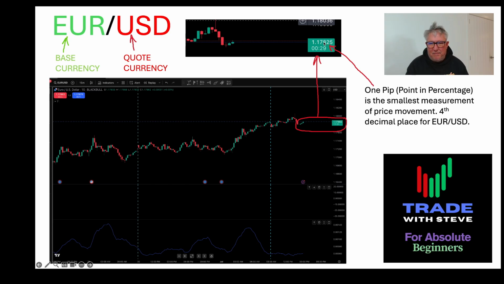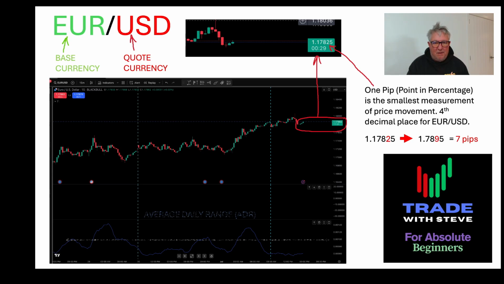So, to give you an example, if the price went from 1.17825 to 1.7895, we've effectively gone up 7 pips, okay? And if you're getting paid $10 per pip, that would be a $70 US payout for you. And we'll come to the payouts later and how that works.